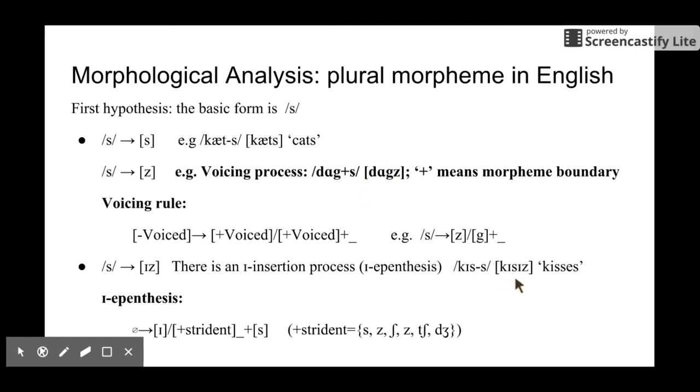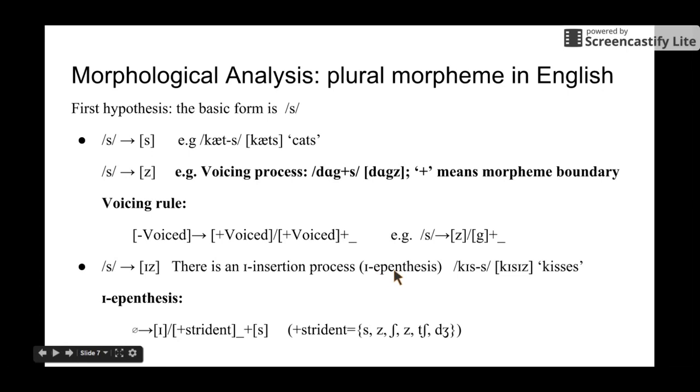However, this is not the end of the story. We still need to account for kisses. We have an extra vowel here. s becomes iz. What's going on here? Actually, we will propose an epenthesis rule. It's also called an insertion process.